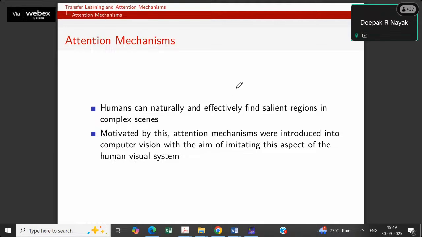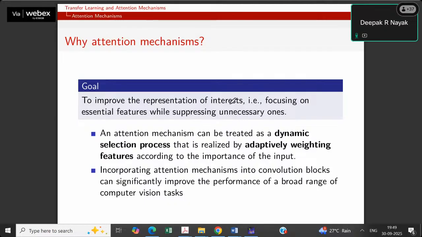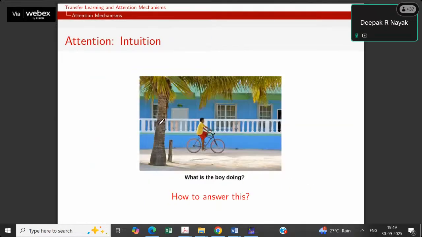We are just trying to mimic the behavior of the human vision system, and that is why attention mechanisms came into the picture. Let me show you something called attention. There is one picture for you in this slide, and the question here is, what is the boy doing?